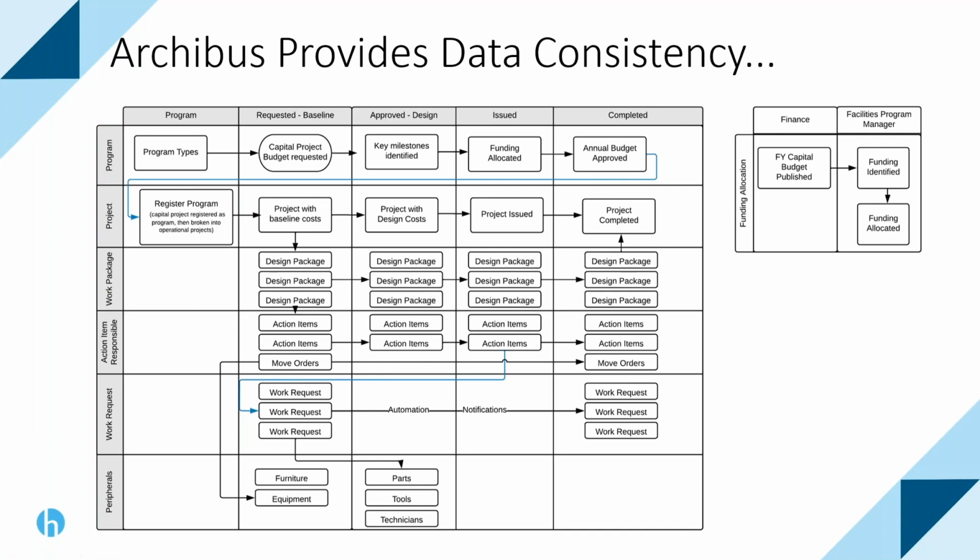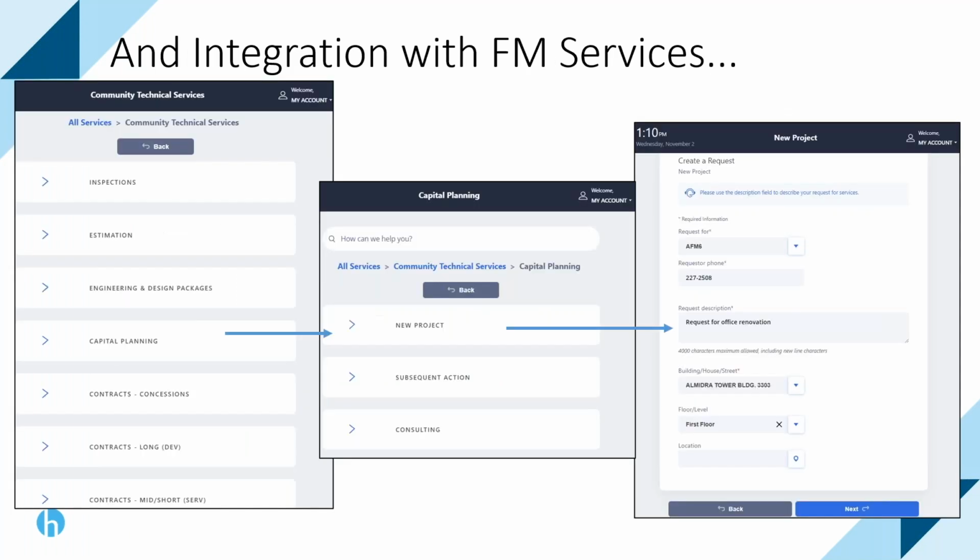Now, having said that Archibus provides data consistency, the other thing it does, which is going to differentiate it from a project management solution like Primavera, is that it's automatically integrated with your FM services. So for your service desk services that we talked about earlier, you can create a catalog of project-related items like we have here.